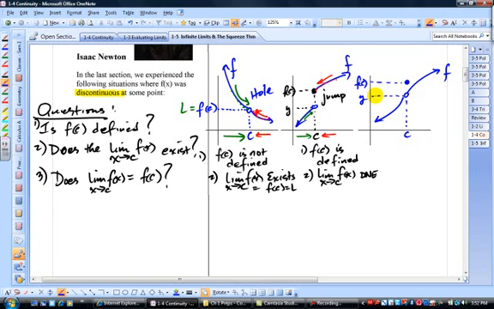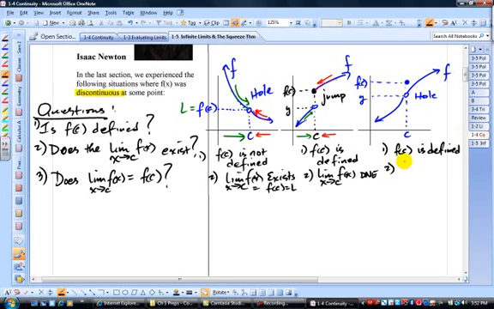Don't know what it is, but it's some y value. So we have a hole at c and a point right above it at c. Let's go through the same three questions. Number one, is f of c defined? And the answer is yes in this case. It's equal to f of c. So f of c is defined. It's a real number. We can find it.